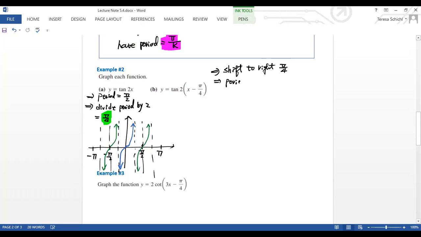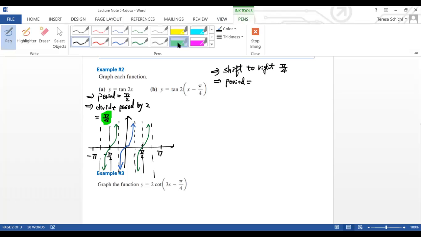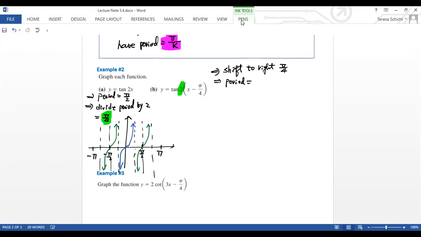The period is pi because here they have a 2, so the period will be pi over 2. Because they go to each side, you divide the period by 2, so what you have here is pi over 4.